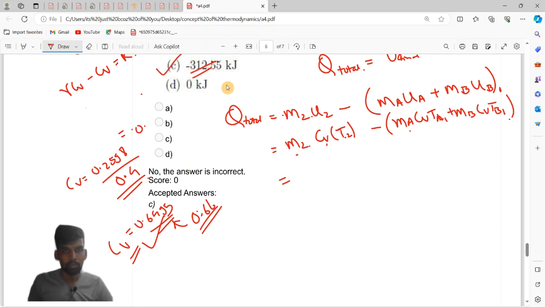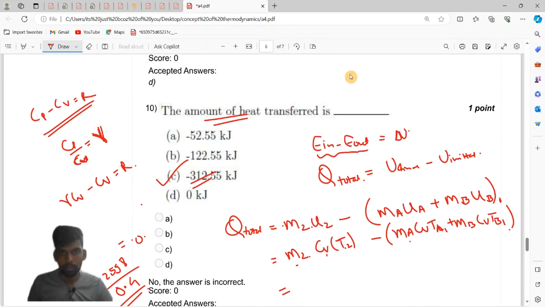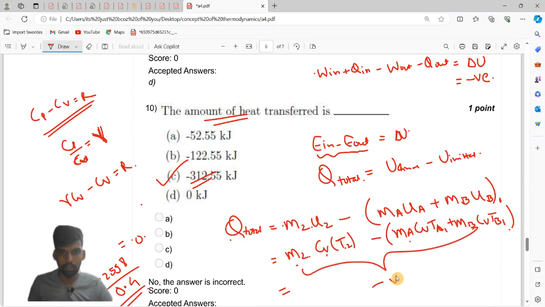What is this negative sign signifying? If we expand this equation, we get W in plus Q in minus W out minus Q out is equal to delta U. Delta U is coming out negative, meaning Q total is negative, meaning the RHS is negative. Here W in and W out are 0, so Q in minus Q out is negative.